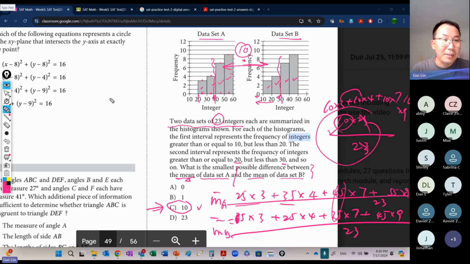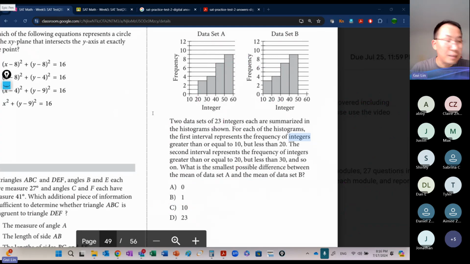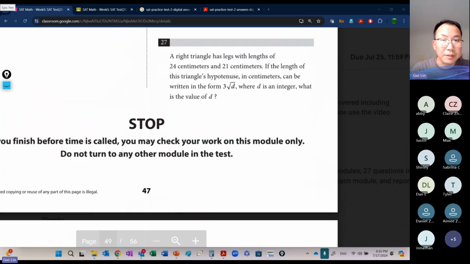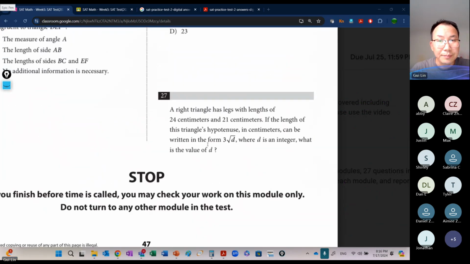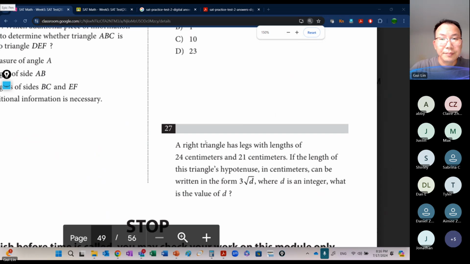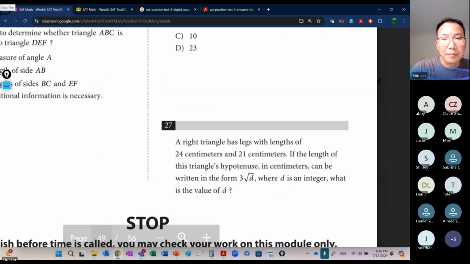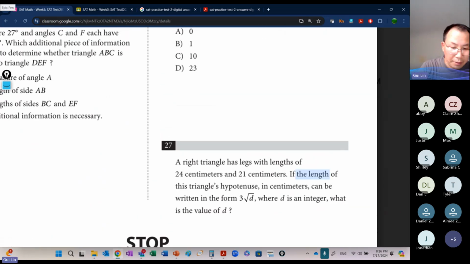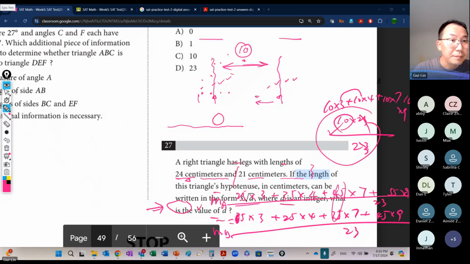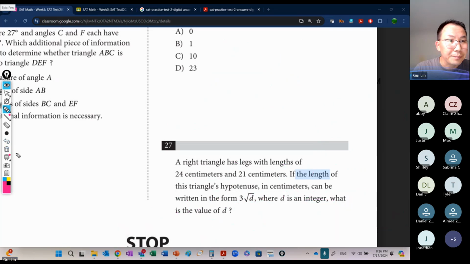Thank you guys, everyone. Let me move on. Last one, question 27. Use the top cancel area. Okay.